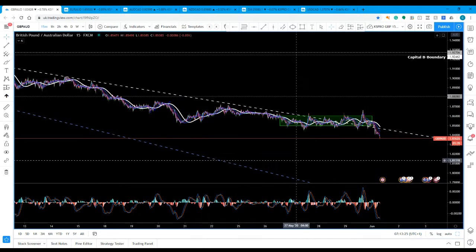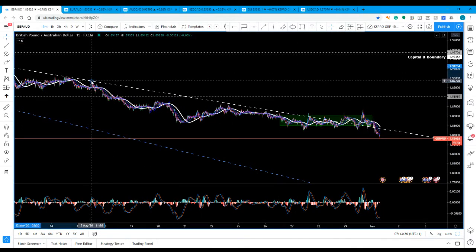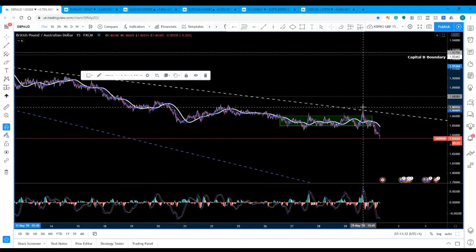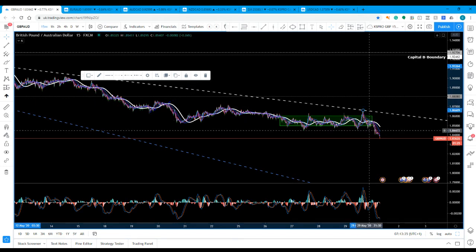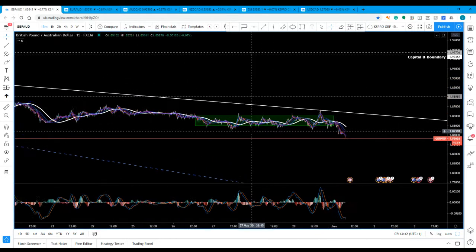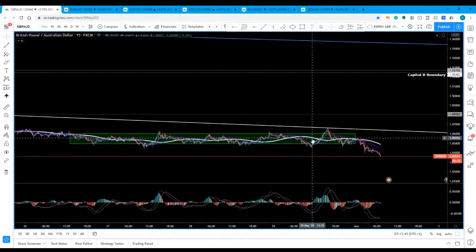So first of all, I need to go ahead and update this trend line. And I need to go ahead and place it to that high there, of course, because this here is now the new lowest low. And I also want to change this to solid because that means it is no longer broken.